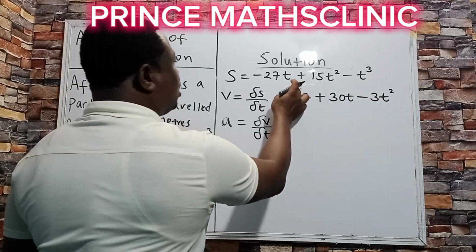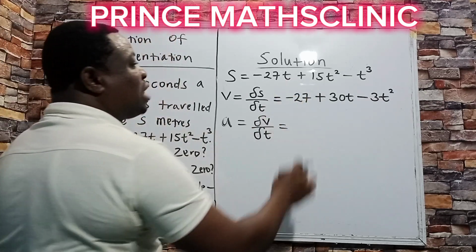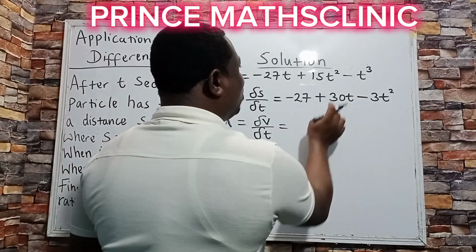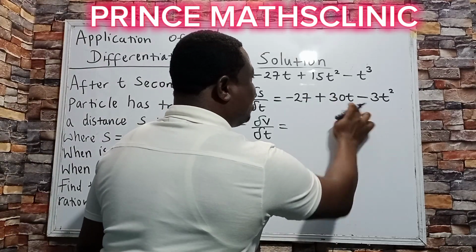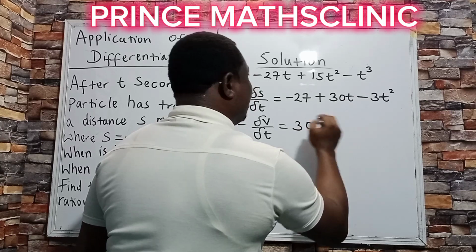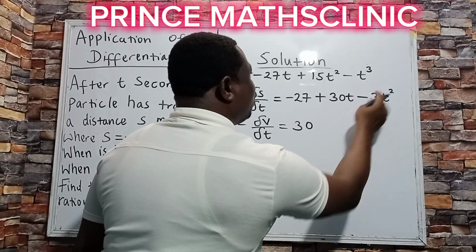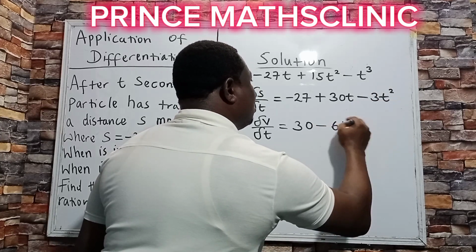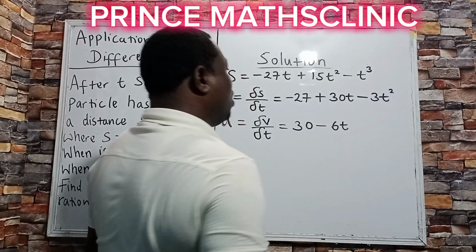If I differentiate minus 27, this is a constant. Whenever you differentiate a constant, you get 0. If I differentiate positive 30t, I will get 30. If I differentiate minus 3t squared, I'm going to get 2 times 3, which gives me 6, then t, take away 1 from the power, I have just 1.